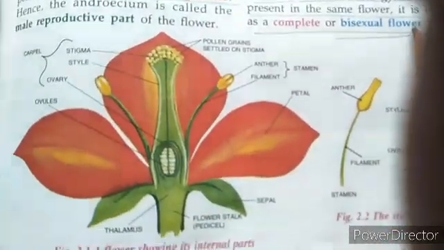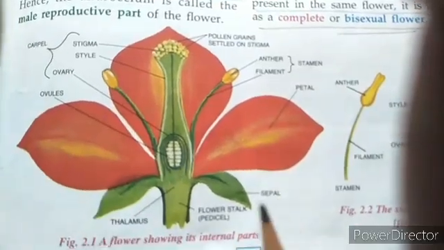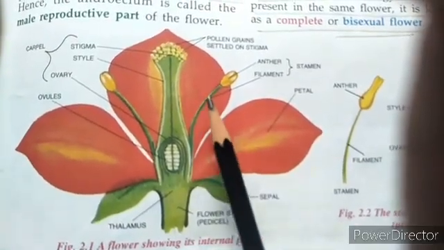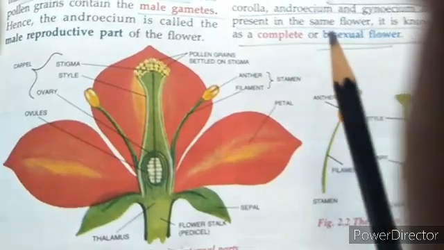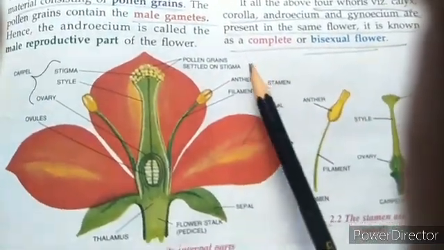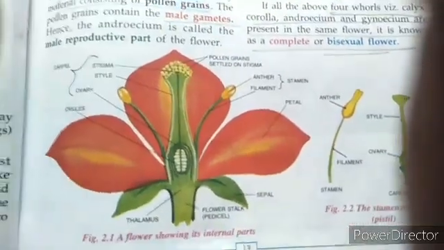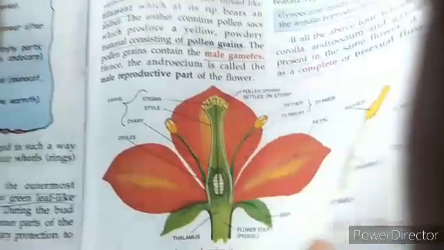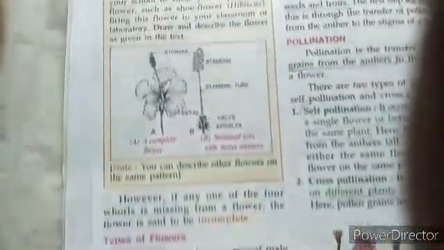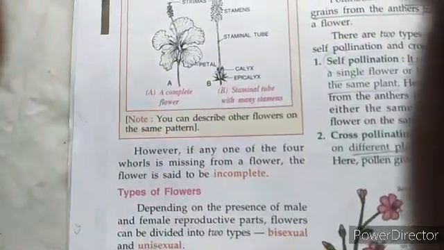So if all the four are found in the same flower, such a flower will be known as a complete or a bisexual flower. A bisexual or complete flower contains all the four whorls, which include calyx, corolla, androecium and gynoecium.